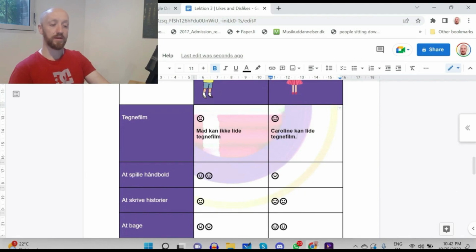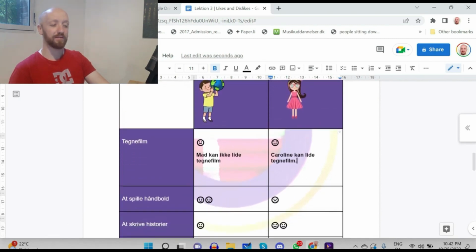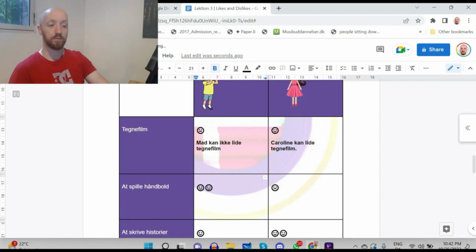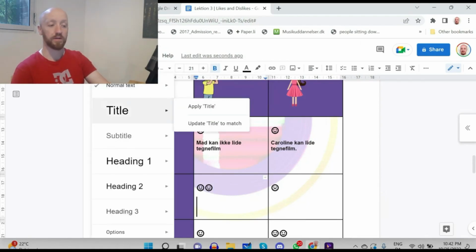Næste. Og spille håndbold. To play handball. Playing handball. Kan Mads ikke lide håndbold? Jo, Mads elsker håndbold.